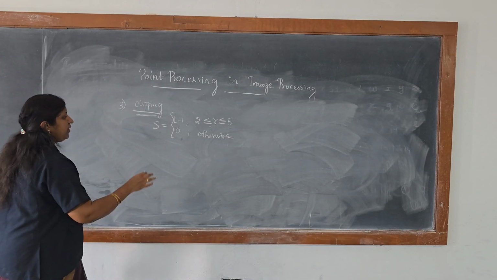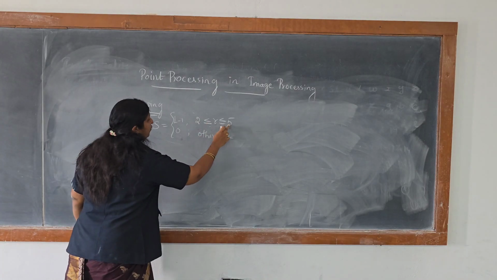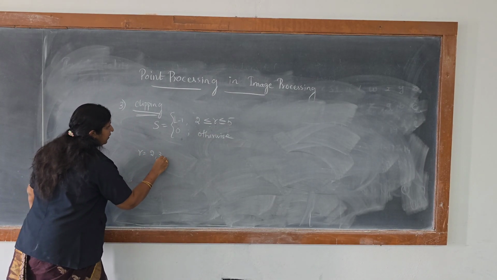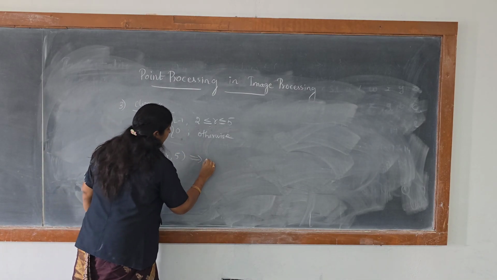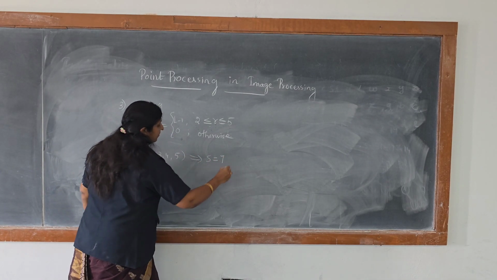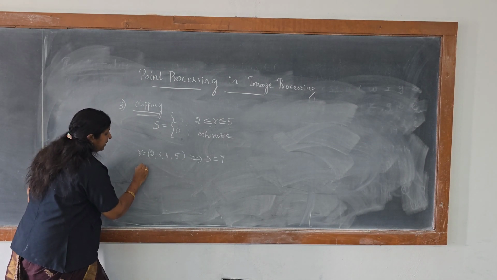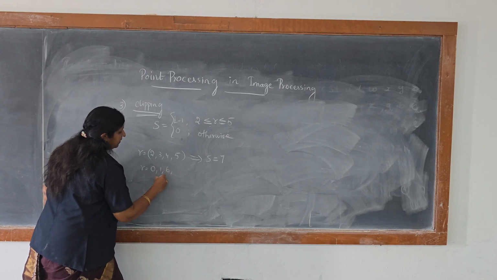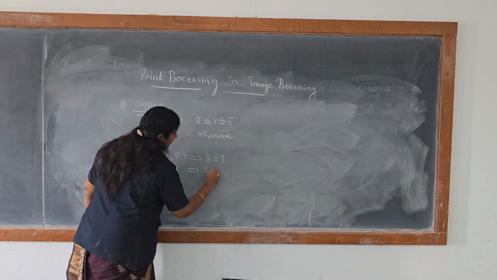If R is equal to 2, 3, 4 and 5, then the S value will become 7. For all the remaining values, that is, if R is equal to 0, 1, 6, 7, the S value will be 0.